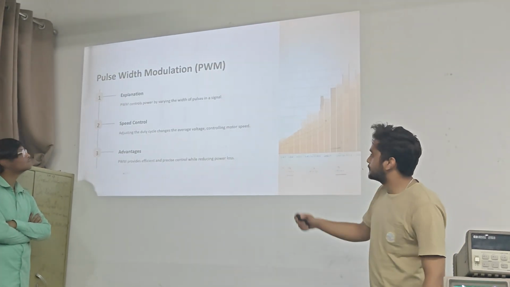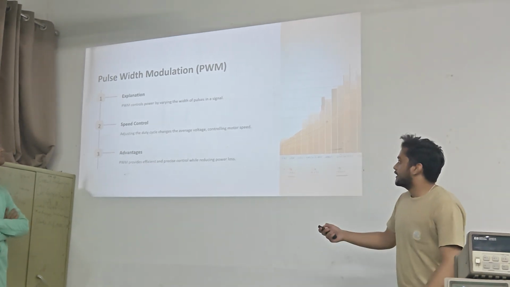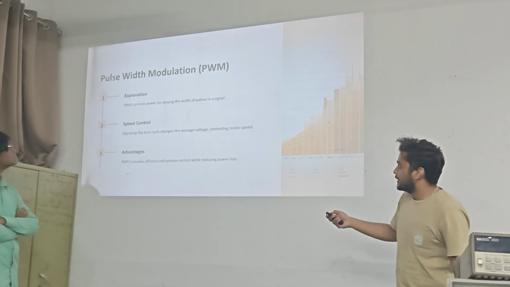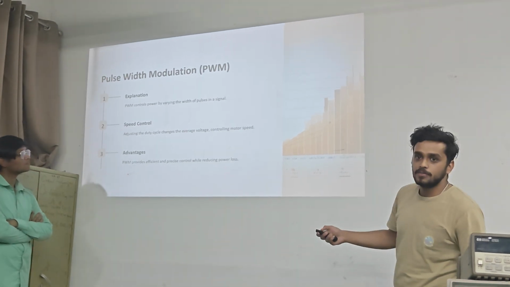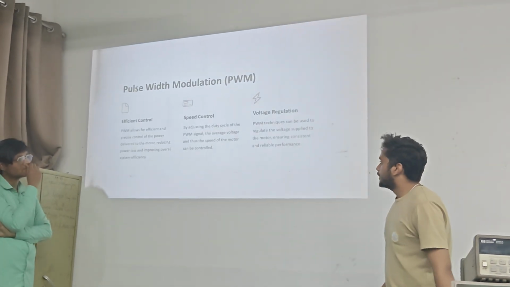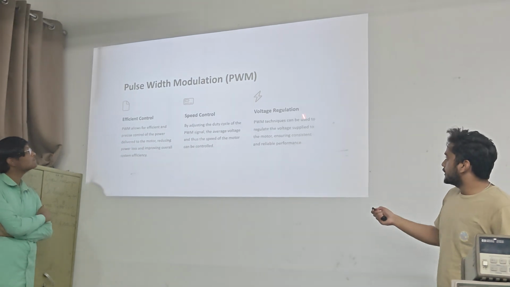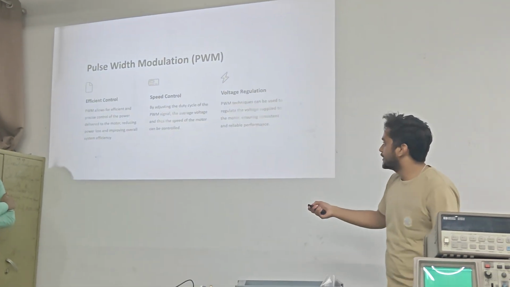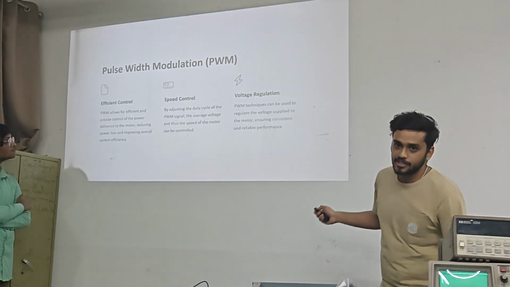As he already explained, pulse width modulation controls the voltage by varying the width of the pulses, and we can achieve speed control with it. It can also be used for efficient control of voltage, speed control, and voltage regulation.